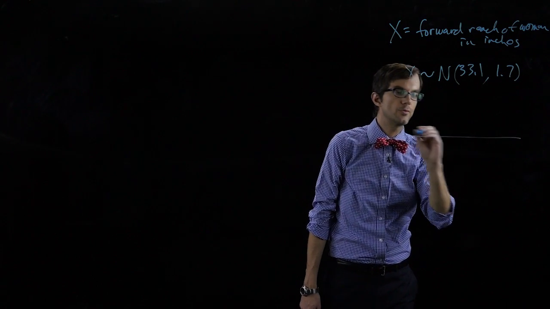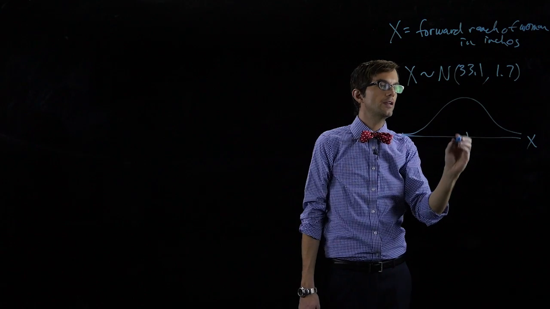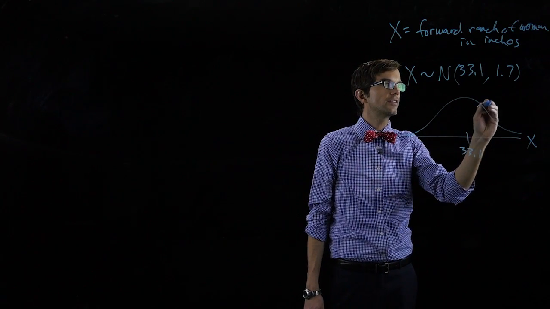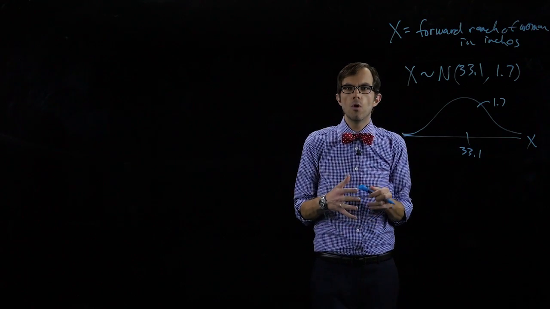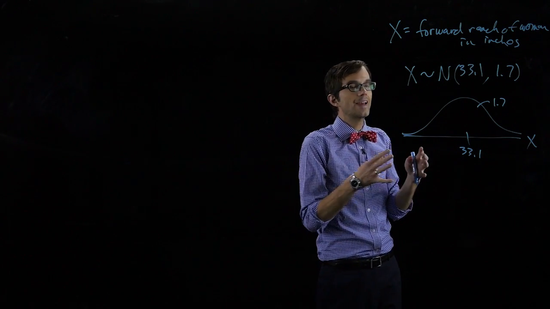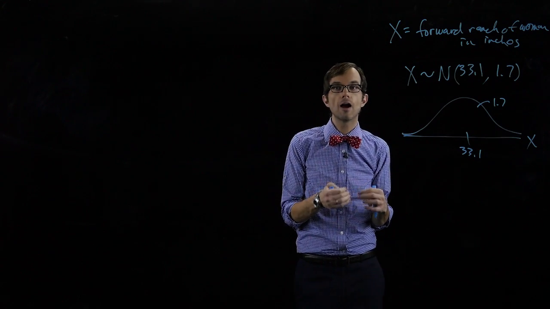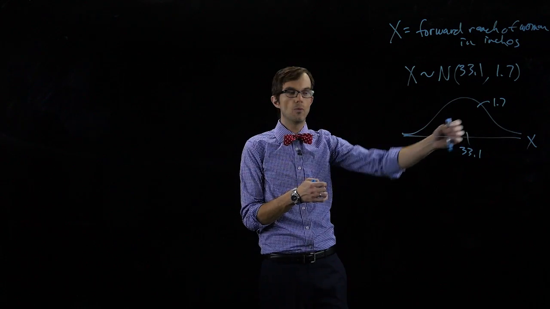So here's what this distribution looks like. It's a normal distribution, random variable x, mean of 33.1, and a standard deviation of 1.7. And we want to know what's the probability that, or what proportion of women can't use our layout, if our layout was designed to be between 30.8 inches and 36.1 inches.